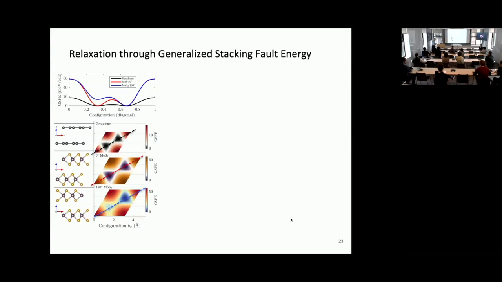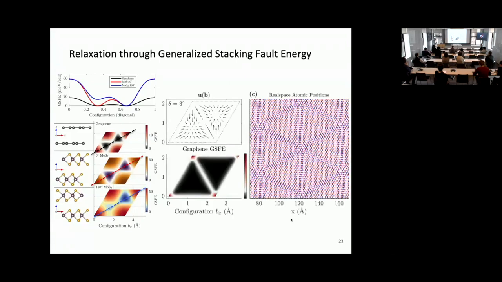So that's the cut through the graphene generalized stacking fault energy. I have here two more examples for molybdenum disulfide with cuts through these energies and so on. Just to show you that this is a general concept, we can apply it to any material. And then introducing the local deformation u and optimizing, minimizing the energy, this is the landscape that we produce.